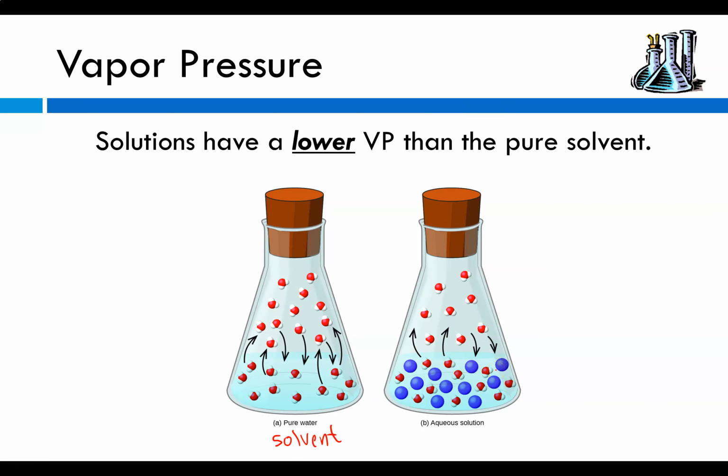So in this case, there's a lower likelihood of the water molecules being able to escape. Another way to look at it is through intermolecular forces. In addition to the hydrogen bonding that's going to exist between the water molecules, we're also going to see attractive forces between the solute and the solvent, making it more difficult for the liquid particles to evaporate and become a gas.